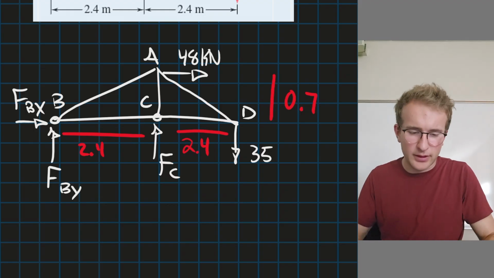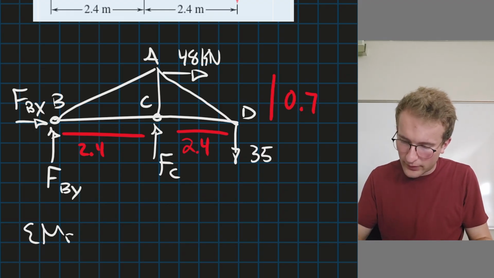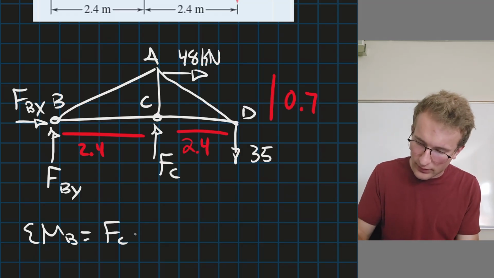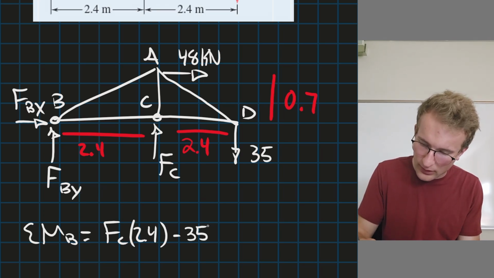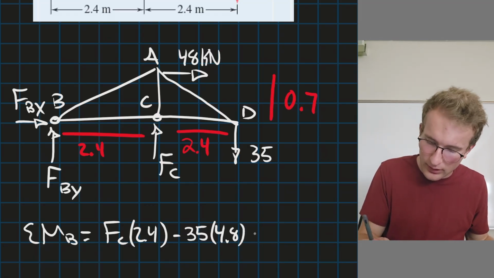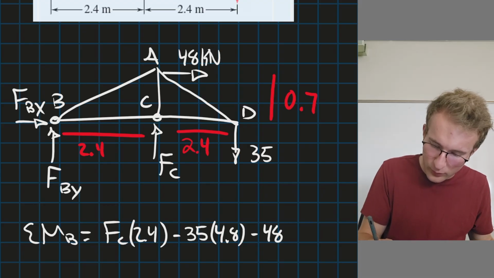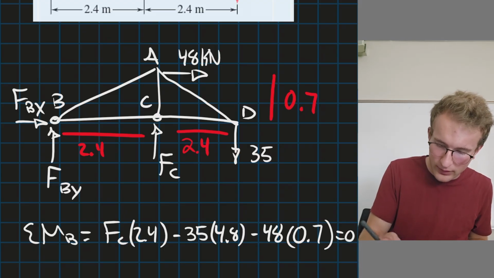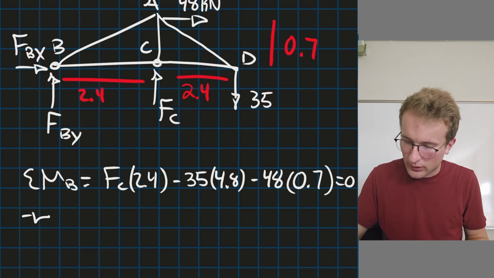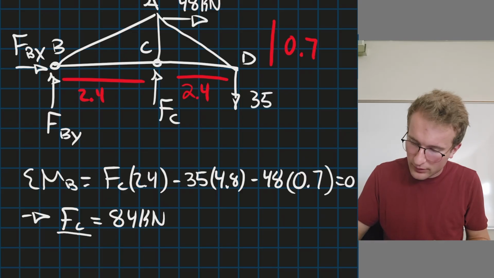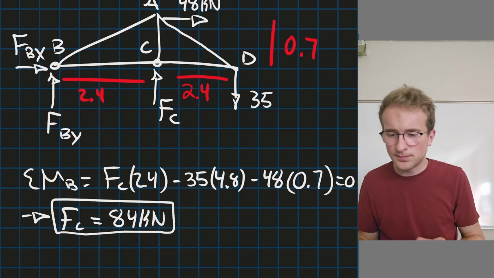All right, so I'm going to take the sum of the moments about point B, and I get F_C times its perpendicular distance, 2.4, minus 35 times its perpendicular distance of 4.8, minus the 48 kilonewtons times its perpendicular distance of 0.7 is equal to 0. Solve that. I get F_C is 84 kilonewtons.